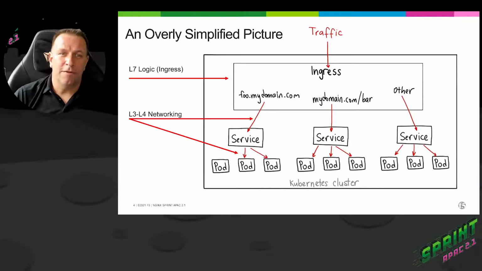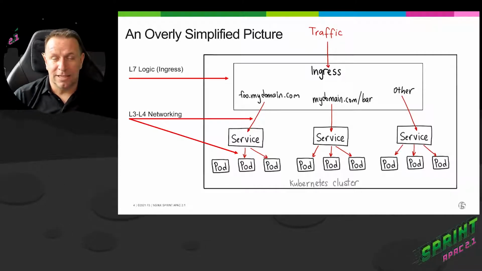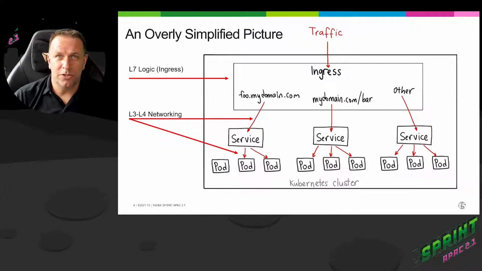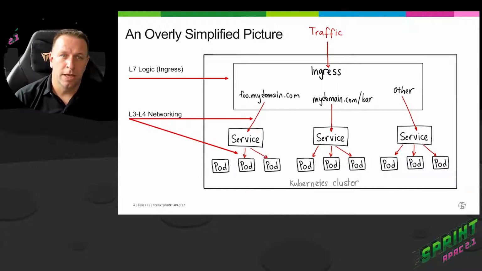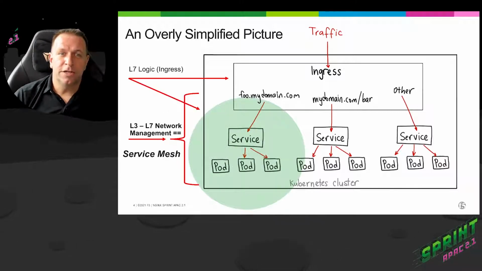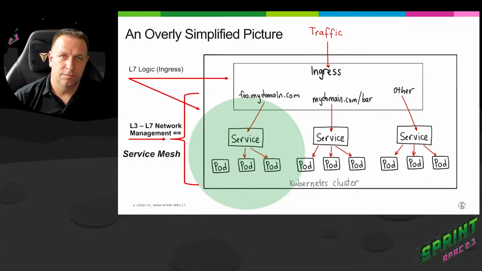This might be okay if your application is simple and you don't really need end-to-end encryption. But let's face it, in today's landscape and security postures, you want to introduce a level of security or end-to-end encryption, particularly within your public-facing applications. The addition of a service mesh gives you the ability to manage traffic within the Kubernetes cluster at a layer 7 level.